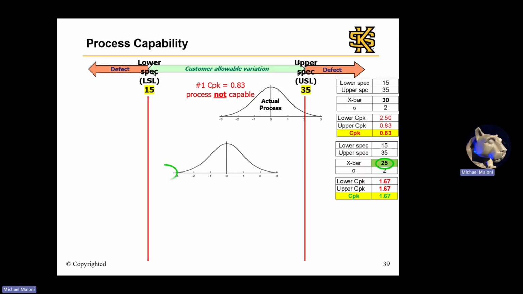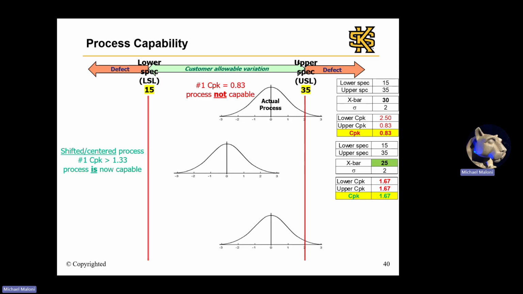We've lost some cushion relative to the lower spec limit, but we're still greater than the 1.33 target. The upper CPK is also 1.67. We now have a bit of cushion relative to the upper spec limit and are greater than the 1.33 target. The process is capable. We reduced the mean, we centered it, shifting that distribution so that it's now capable.